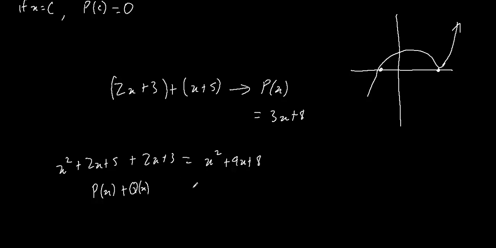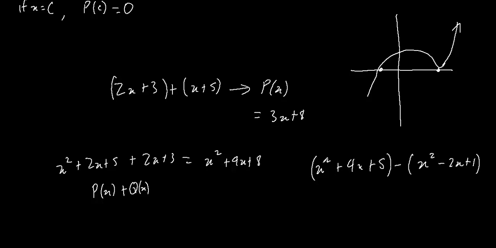Sorry, I think it's a typo in the sheet. If I have the same highest power, say I'm taking another example, x squared plus 4x plus 5, and I'm subtracting from it x squared minus 2x plus 1.